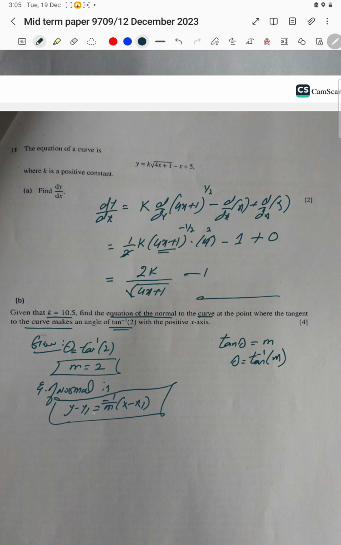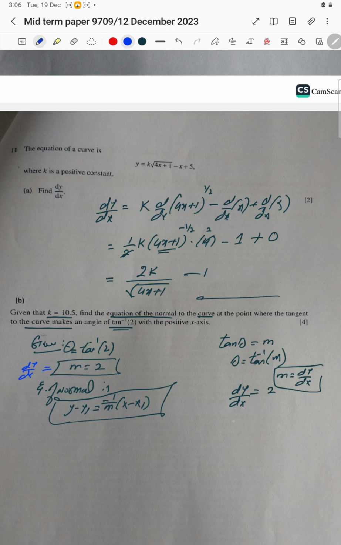First of all, we know dy by dx is what? m represents dy by dx, that is given to us as 2, the gradient. This means I can write dy by dx is 2.